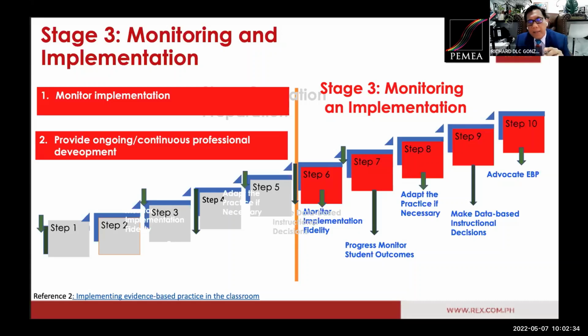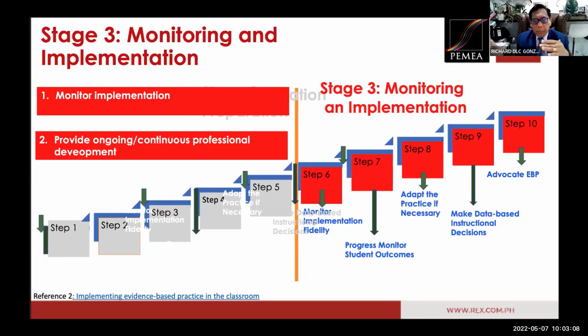But that's not the case, because it is important for any EBP to have professional development. And professional development is not a one-time event. To implement an EBP in your schools, you need to have effective ongoing CPD, or continuous professional development, and support.